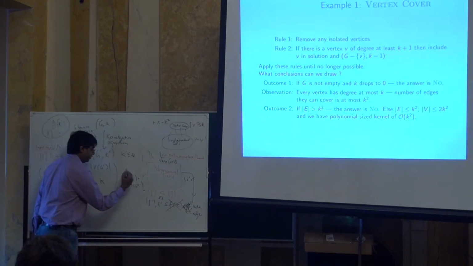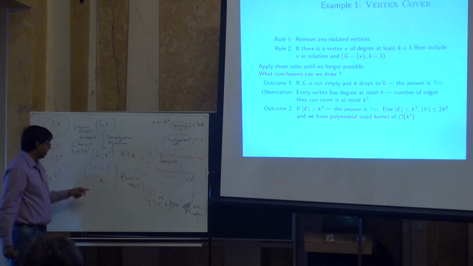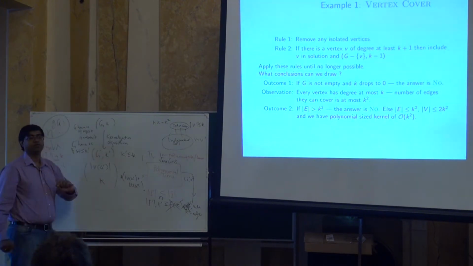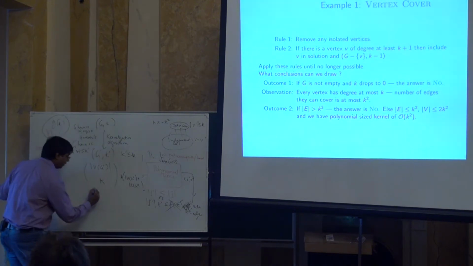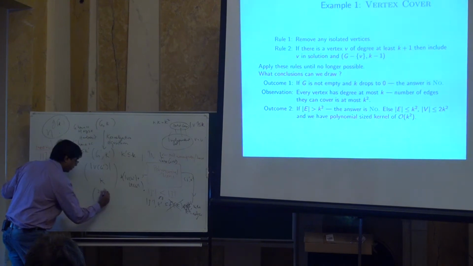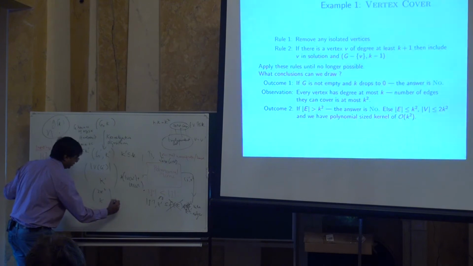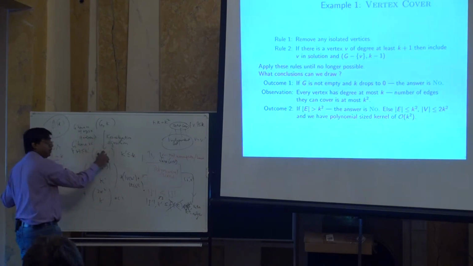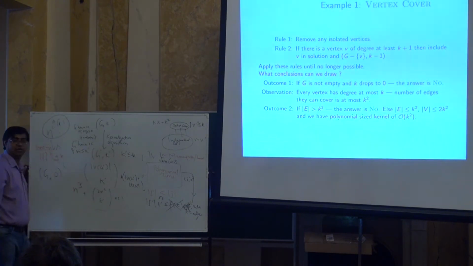Maybe some factor of k. So how many vertices are there in G prime? 2k prime squared. Important, 2k prime squared. So k prime into k, some polynomial, plus the running time to get from here to here. Some polynomial. Okay?